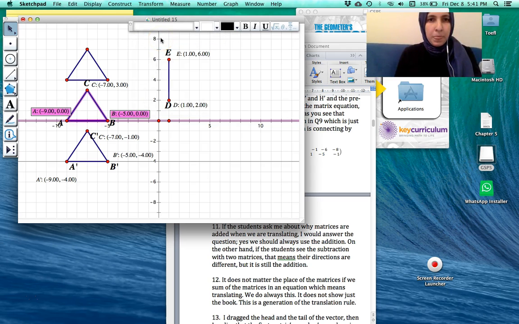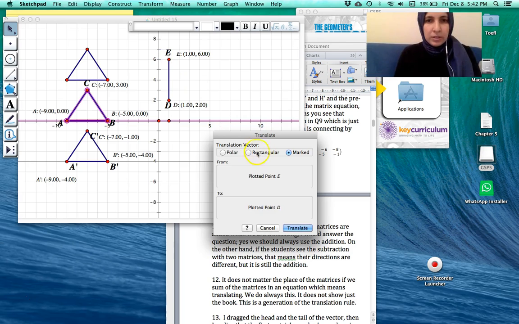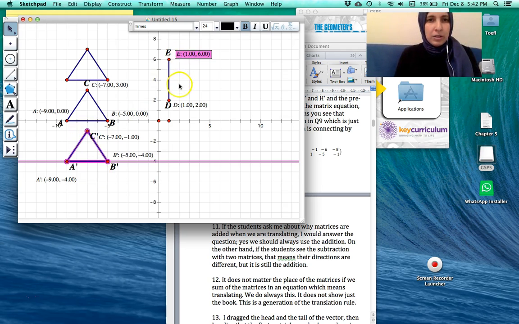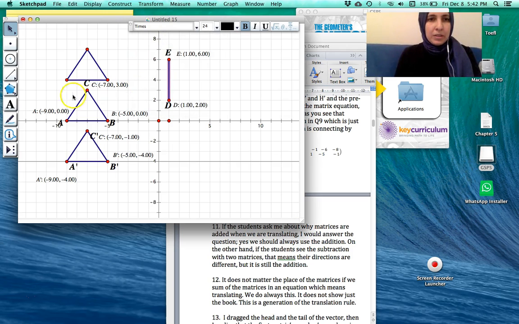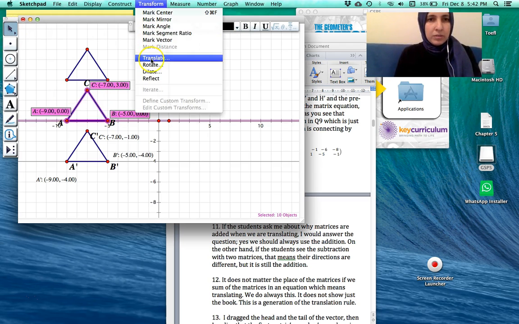The vector. No, I made a mistake. I pick this one as a vector, and then pick the triangle and translate from E to D. Yes, I got this triangle, and if I marked D as a head and then translate it, no, marked as a vector, and then pick the triangle and translate.